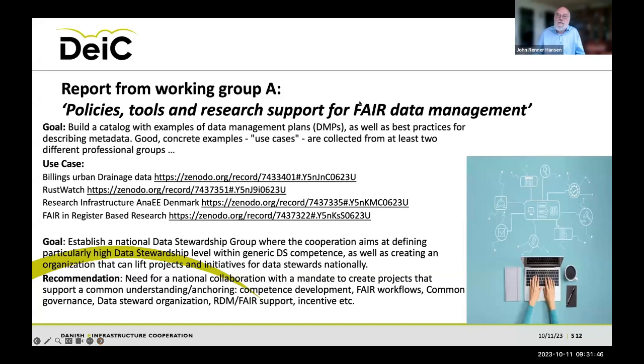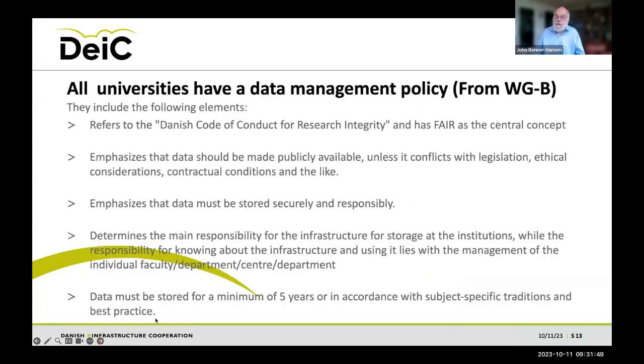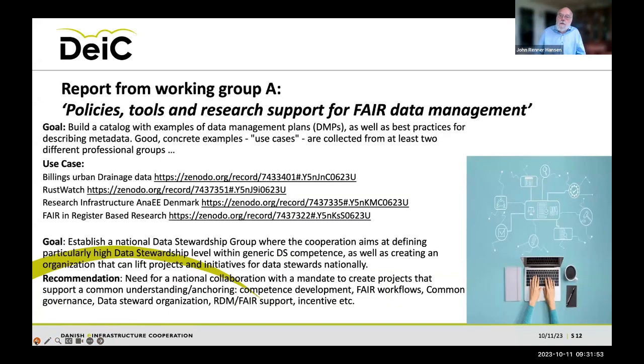A lot of information is collected at hospitals and other places, which is then just sitting there and people can do research, but it's very difficult to get around these data. So FAIR is an important instrument to improve access to the register-based data.